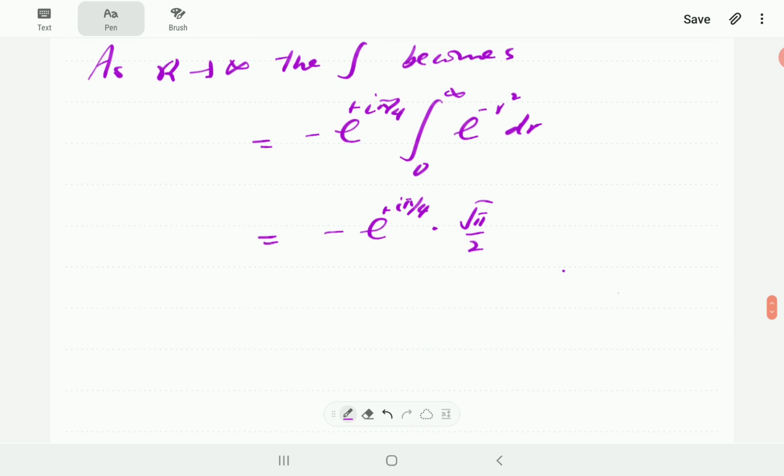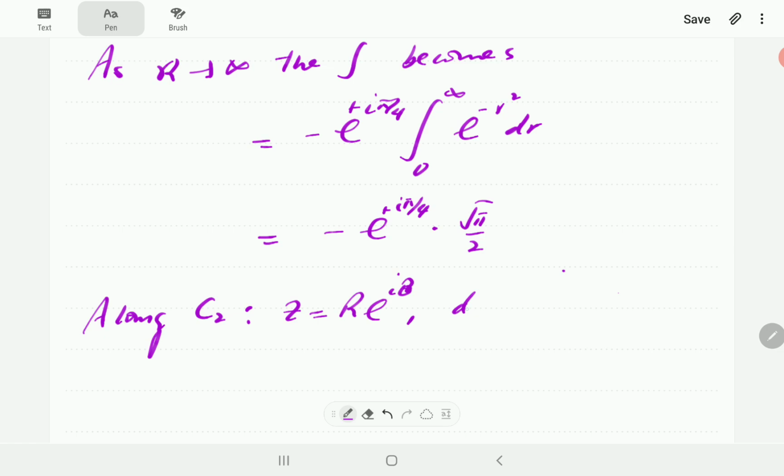Now let's look along C2. So along C2 we have z equal to big R e to the i theta, where big R is a constant.